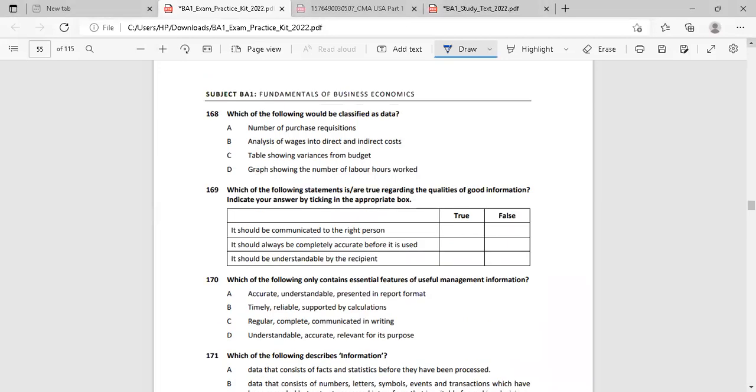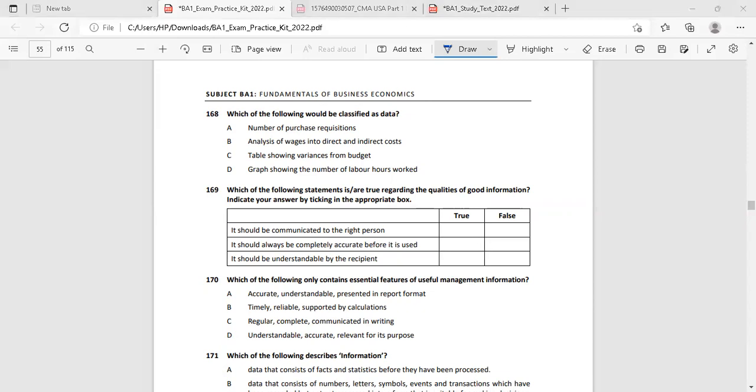Which of the following would be classified as data? Number of purchase requisitions, analysis of wages into direct and indirect costs, table showing variances from budget, graph showing the number of labor hours worked. Data is unprocessed, just a collection of facts and figures. Later on, data is processed and presented as information.